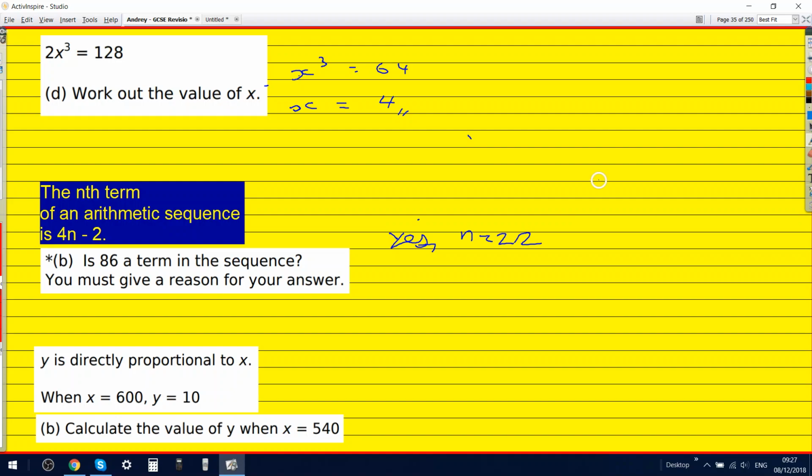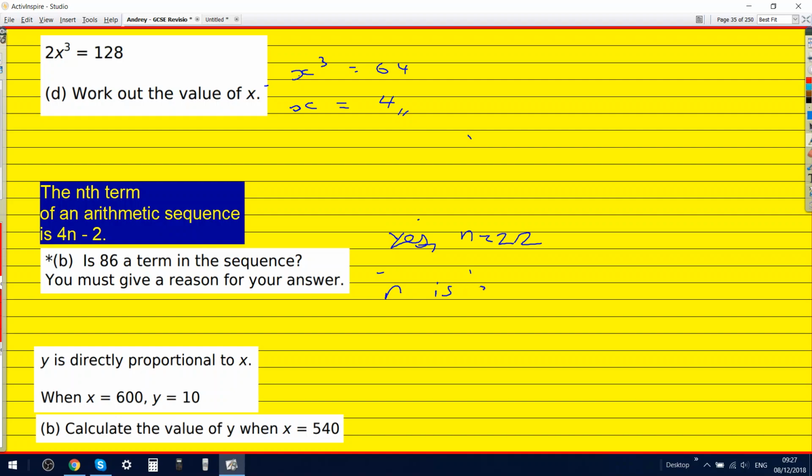When you sub 22 into 4n minus 2, you'll get your answer. So I think you have to say n is a positive integer. Yeah, alright. N is a positive integer and 22 is a positive integer. Yeah. Okay, how about the last one?